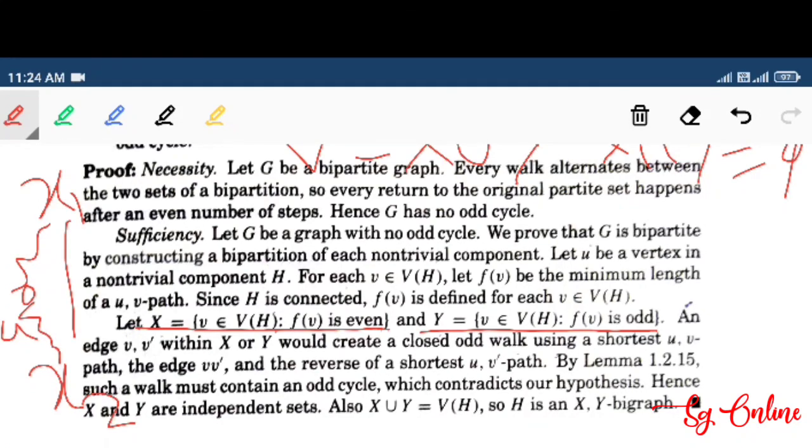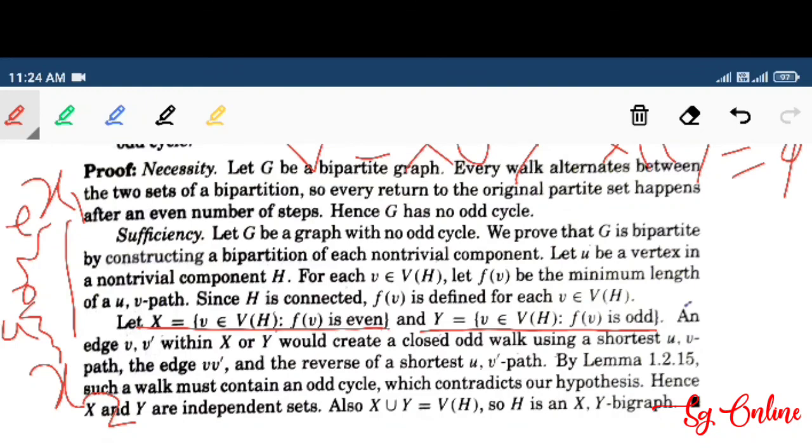Since we are considering only one component, the graph is connected, so from every vertex to another there is a path. The path from u to x1 is of even length, the path from u to x2 is of even length, and with this edge x1 x2, that forms a closed odd walk.